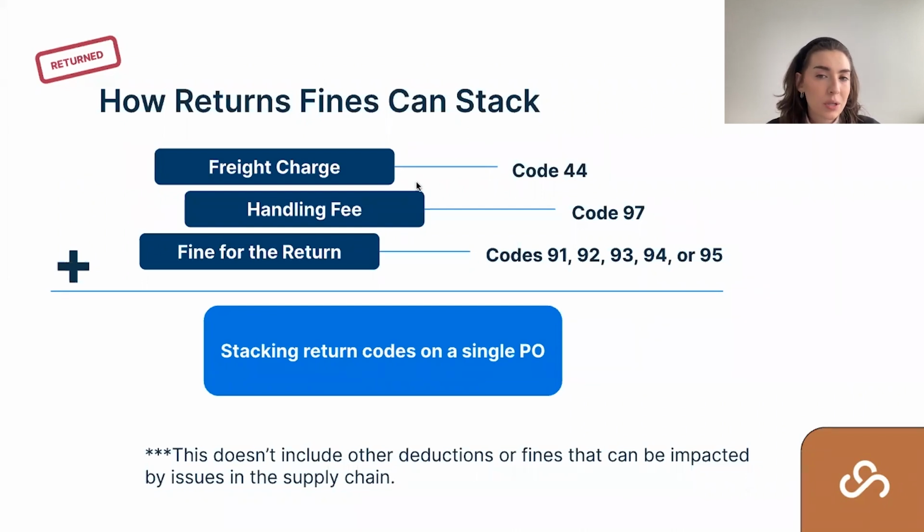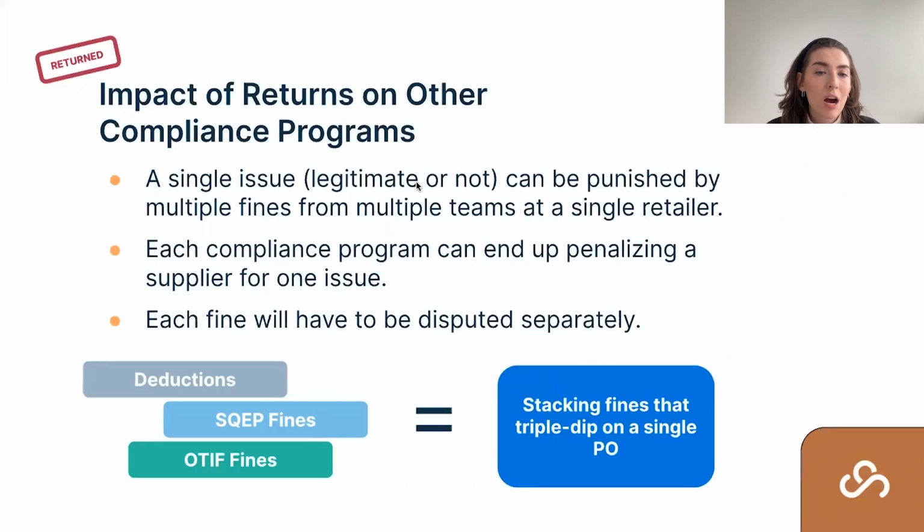So you can get a return code, but there are other impacts from returns on compliance programs. We've used this graphic a lot, but we would classify the returns as a deduction. That's going to be in the form of a deduction fine that you would dispute either through APDP or through the returns center, and we'll get into that later.